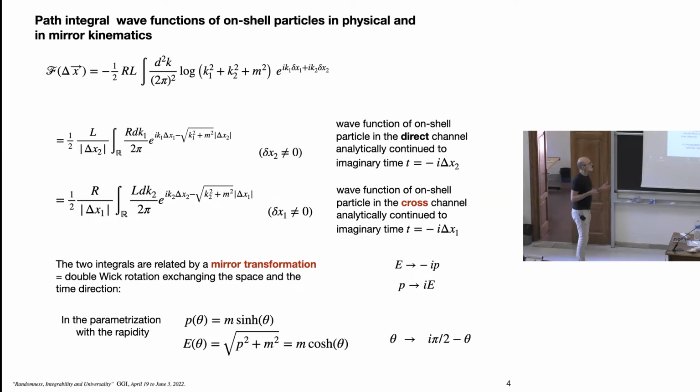So this is the double Wick rotation. And here and in the following, I will use this parametrization of the momentum and the energy of the massive particles with the rapidity theta. This parametrization implies the mass shell condition, E squared minus P squared is equal to M squared.